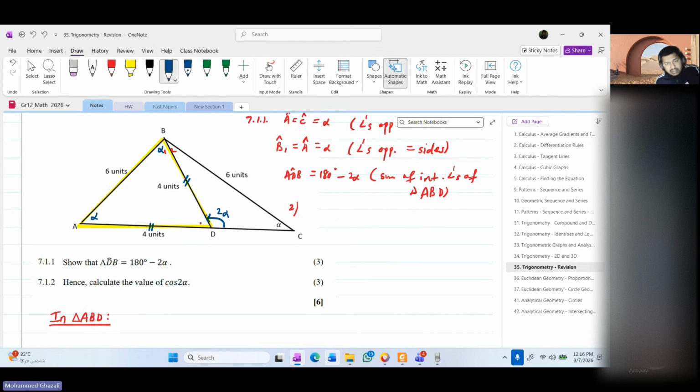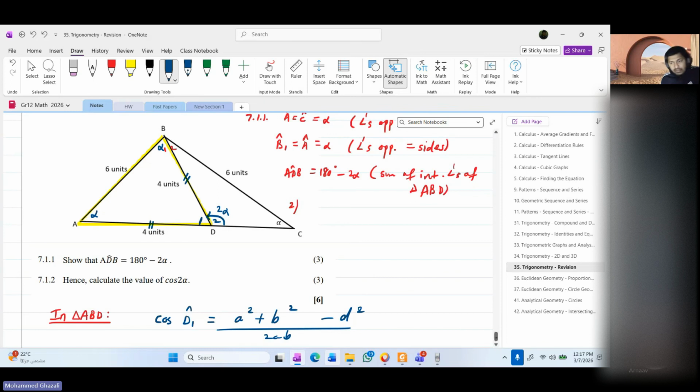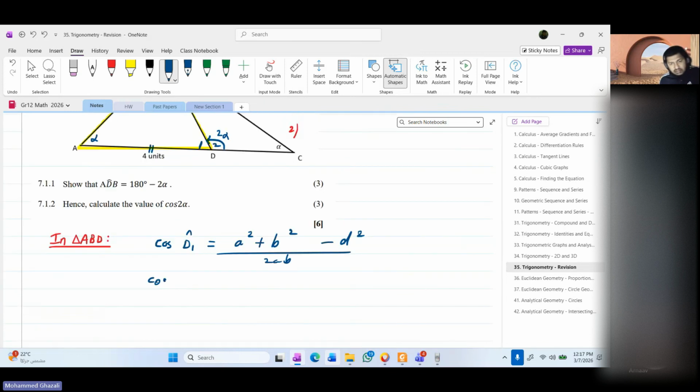In triangle ABD, cos of angle D1, call it D1, D2, right? Cos of angle D1 is equal to minus D squared, we have A and B here, so A squared plus B squared, divided by 2AB. Now, cos of D1 is cos of 180 minus 2 alpha.